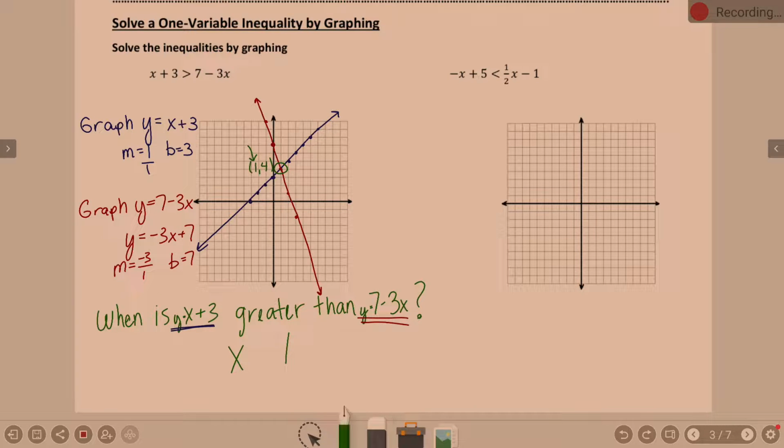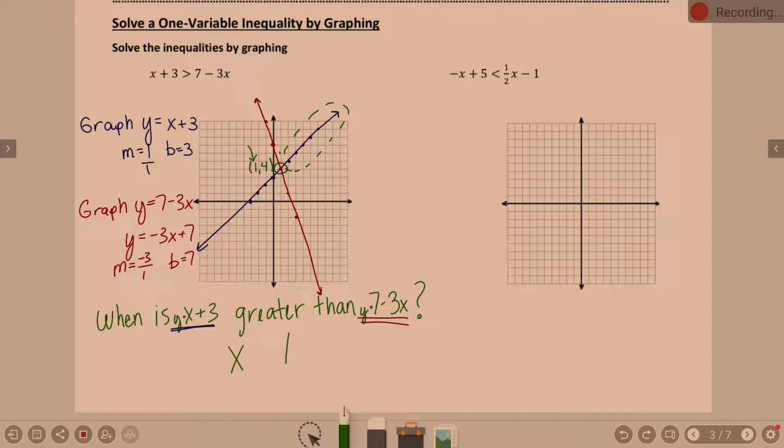So now my answer is going to be when x is less than 1, greater than 1, less than or equal to 1, greater than or equal to 1. Those are your choices. Well, when is my blue bigger than my red? Blue is bigger than red to the right of 1, yes? Over here to the left, blue is lower than red.